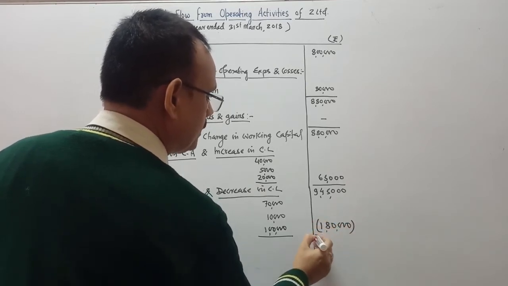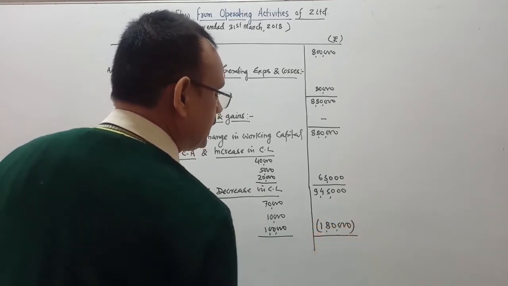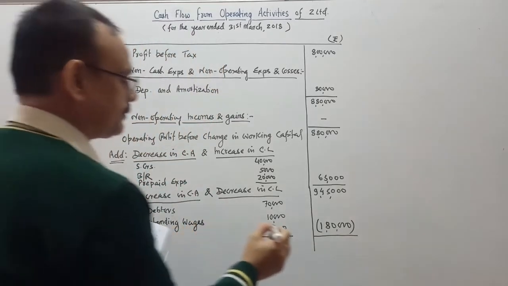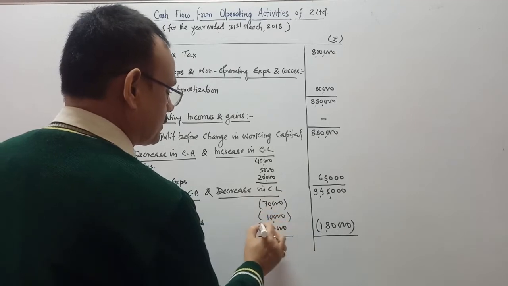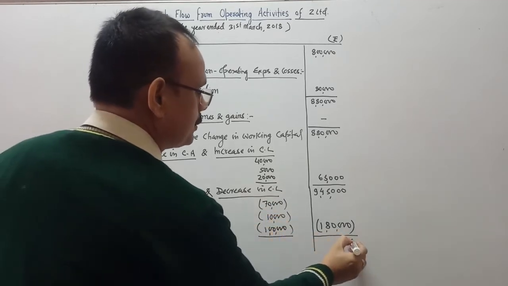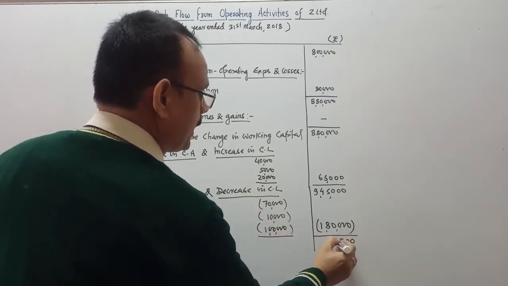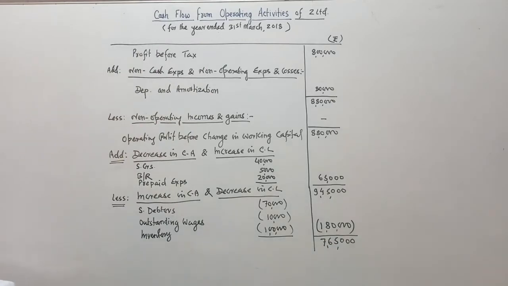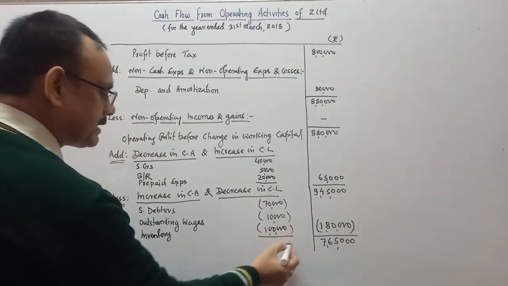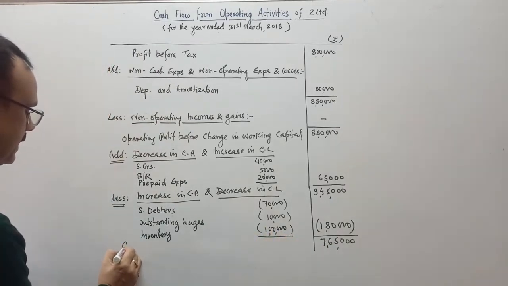We will show it in brackets. Brackets indicate negative. So this all minus, this all minus. So 7,65,000.